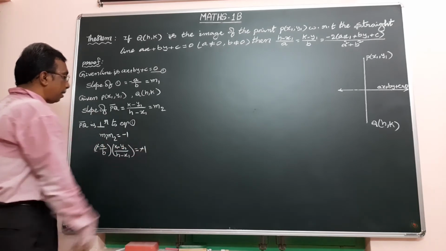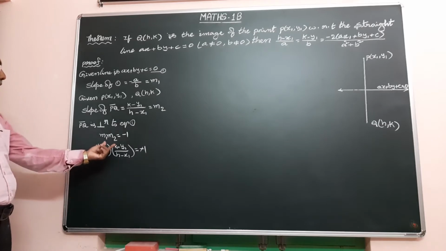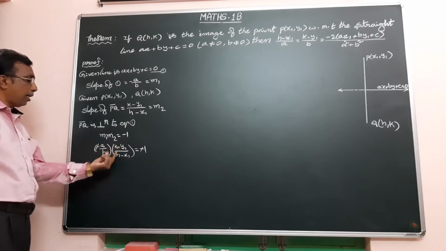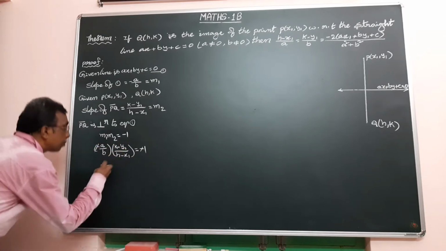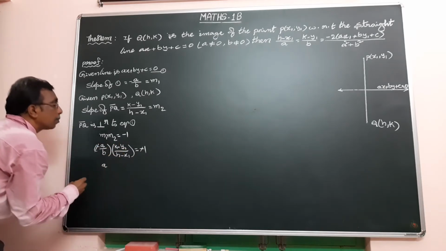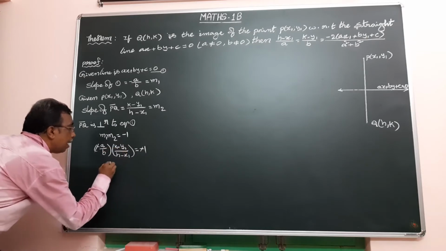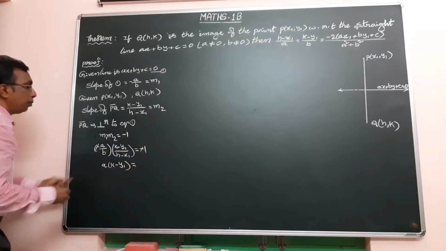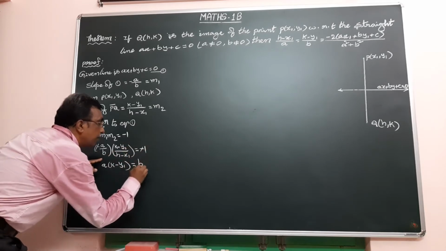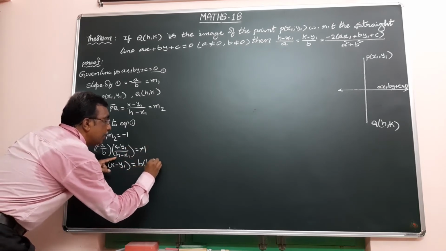Minus is cancelled. Multiply numerator to numerator and denominator to denominator, by using cross multiplication also. a into k minus y1 equal to b into h minus x1.